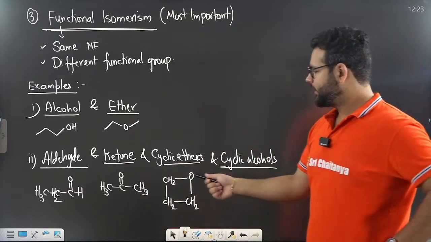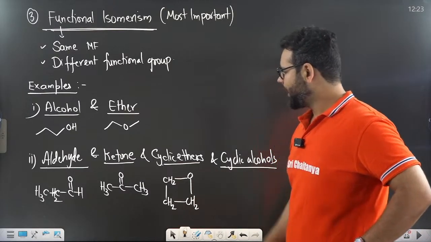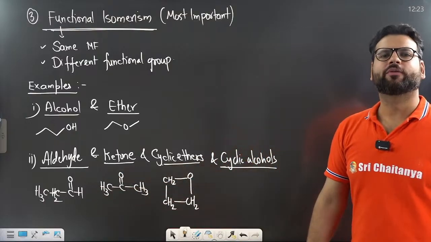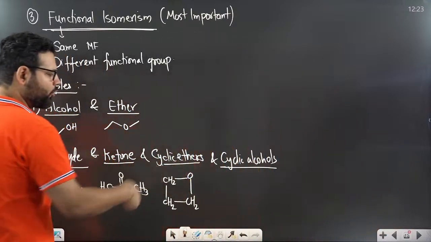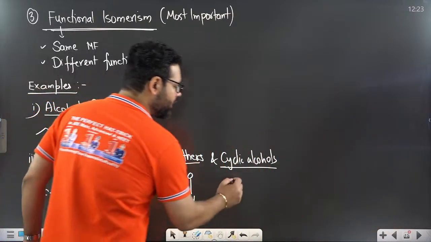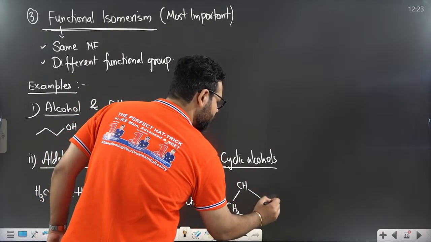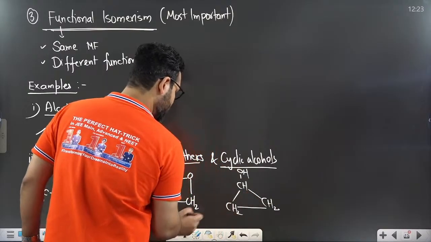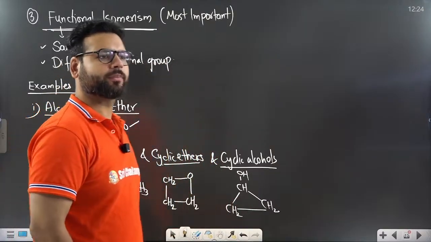You can see here that there is one unsaturation in the form of a cycle and one oxygen. Still the formula is the same, C3H6O. I can take a cyclic alcohol. Let's take cyclopropanol. This is cyclopropane with an OH here, cyclopropanol. This is also C3H6O.